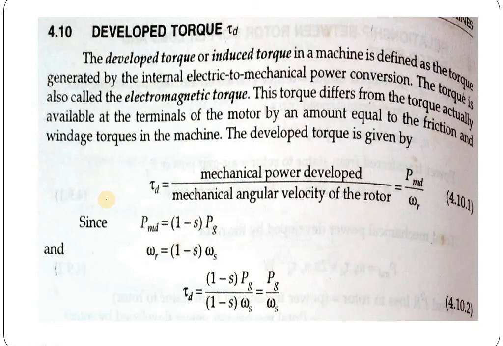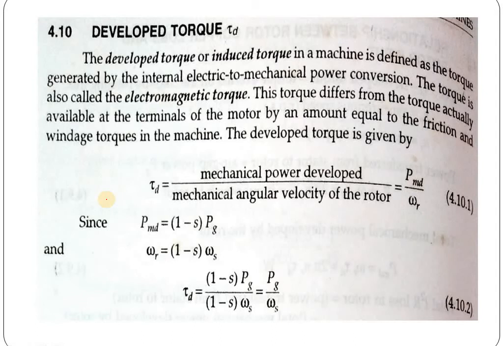Now we will go to the relation of developed torque. The developed torque or induced torque in a machine is defined as the torque generated by the internal electrical to mechanical power conversion. The torque is called electromagnetic torque.